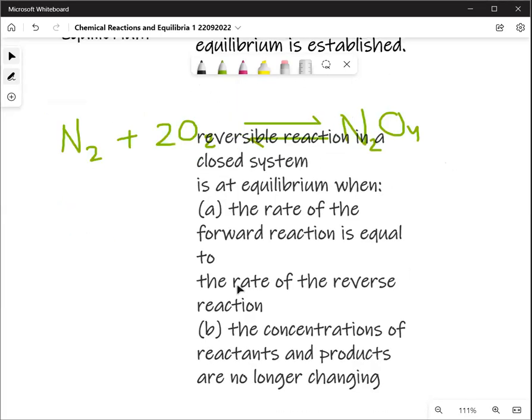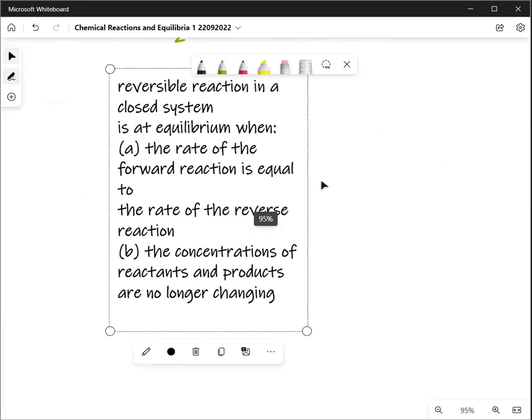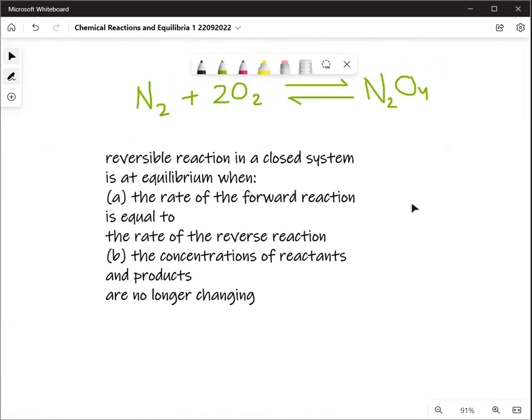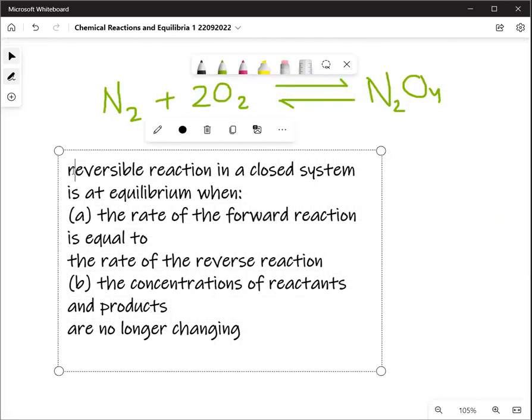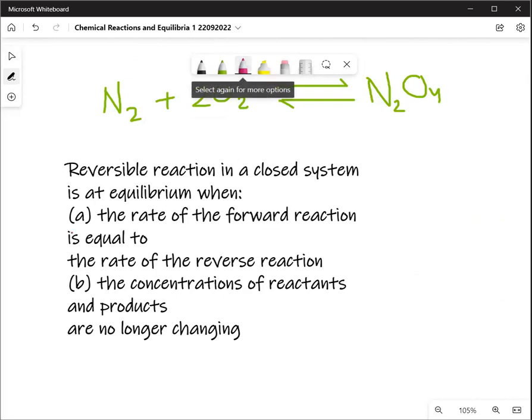Write the whole thing. There are 2 points, 1 and 2. And these are about 4 to 5 marks in the exam.